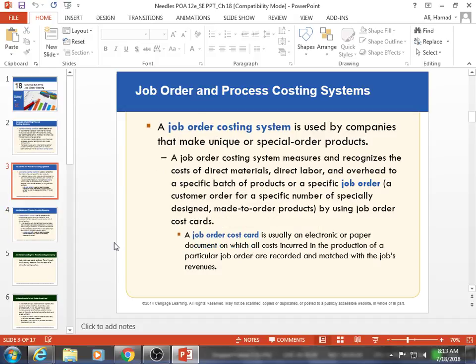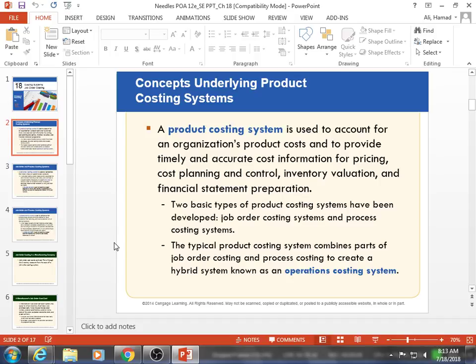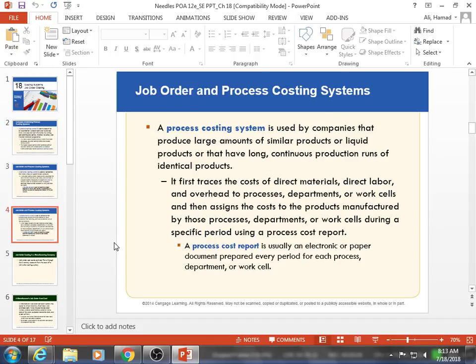The difference between job order and process costing is that process costing is like an assembly line. Have you ever worked on an assembly line before? Not really. It's where you produce things on a mass level, making units that look exactly alike, same measure, same size.